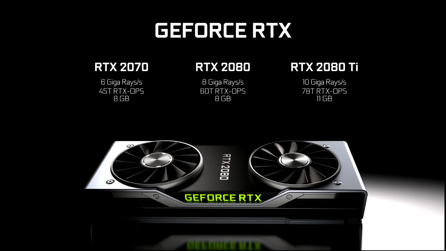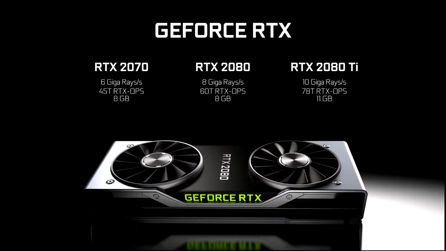RTX 2080, 8 gigarays per second, 60 trillion RTX ops, about 6 times the performance of a Titan X for ray tracing, 8 gigabytes, and then the RTX 2080 Ti, 10 gigarays. I love gigarays. 78 trillion RTX ops, 11 gigabyte frame buffer, starting at $499.